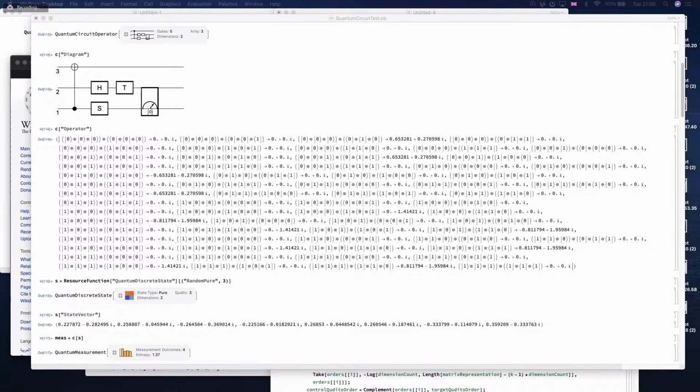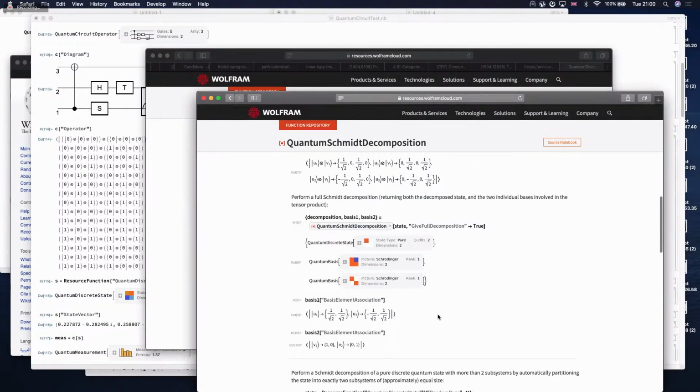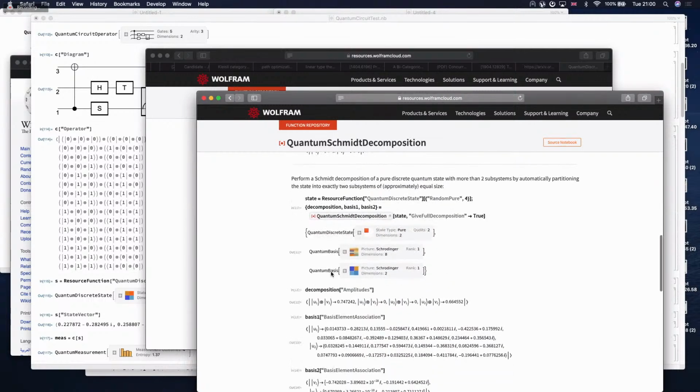We already have a bunch of decompositions for things in the QC, like a Schmidt decomposition of an arbitrary state, spectral decompositions and Weyl decompositions and things like that. We are planning to allow you to do Clebsch-Gordan decomposition of operators for arbitrary numbers of dimensions, so essentially to compute the angular momentum coefficients in arbitrary numbers of dimensions for unitary groups of arbitrary order, which would let you actually visualize this.